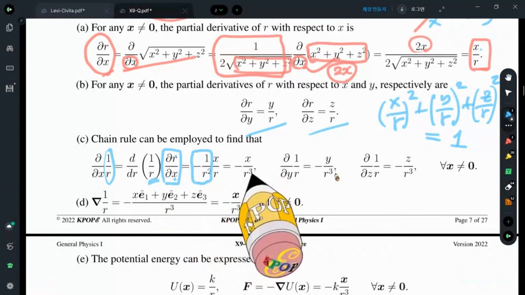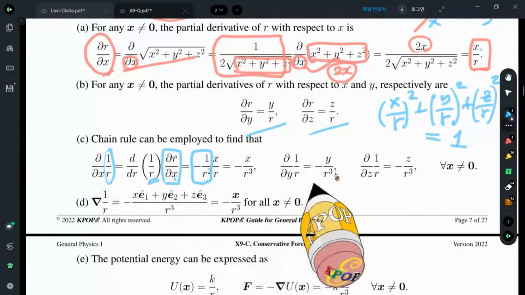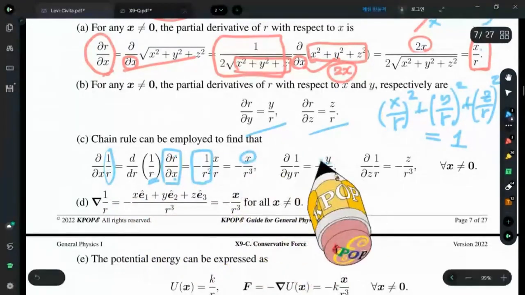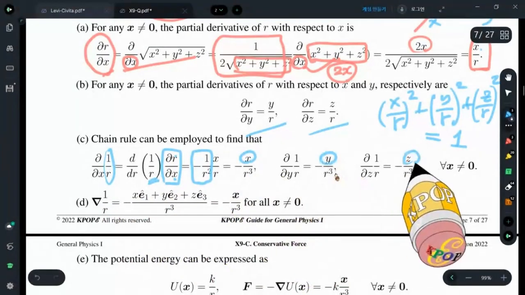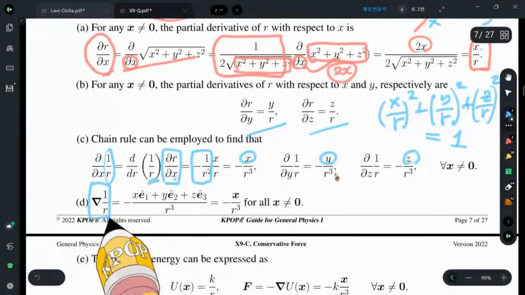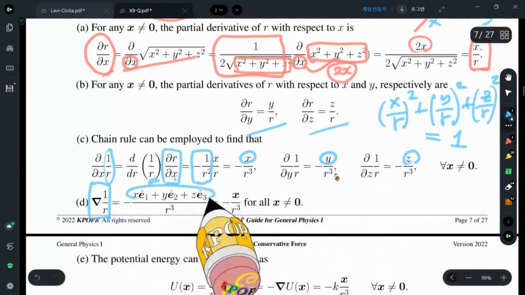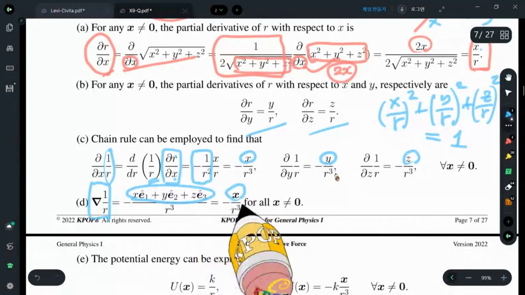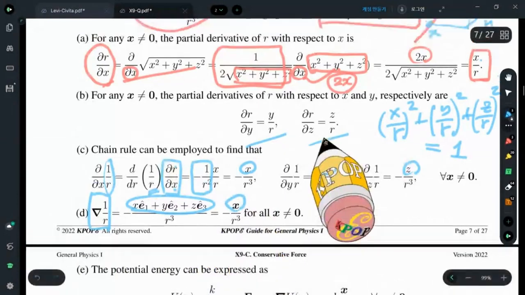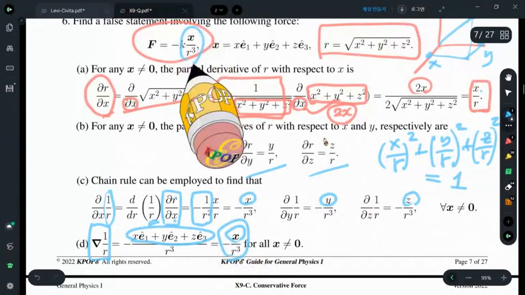Therefore, it is x over r cubed. In a similar manner, I just replace x with y and z and sum them over. So the gradient of 1 over r is exactly the same as a minus, this is x over r cubed. Oh, I have found exactly the same form.